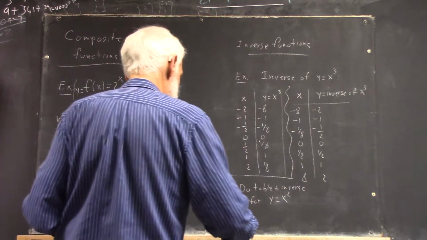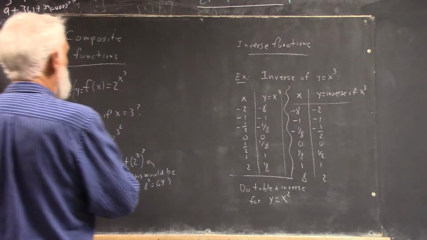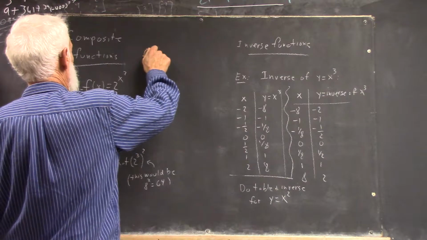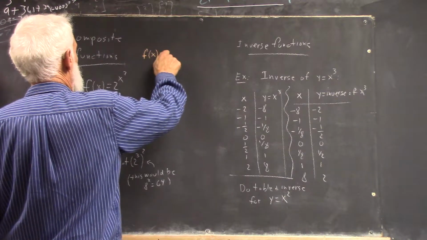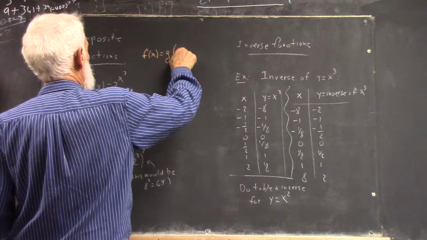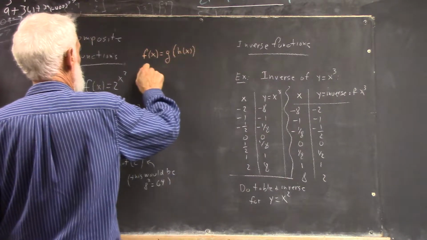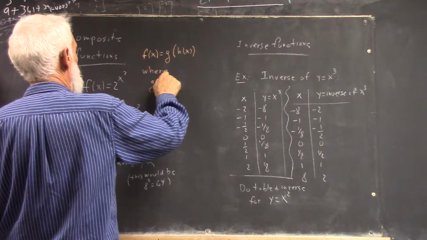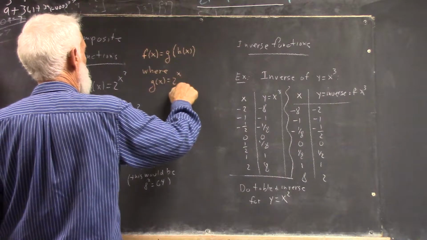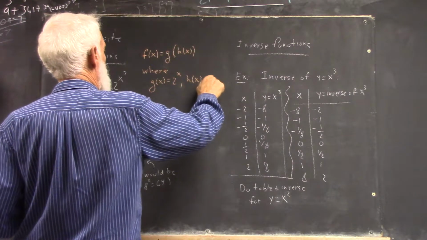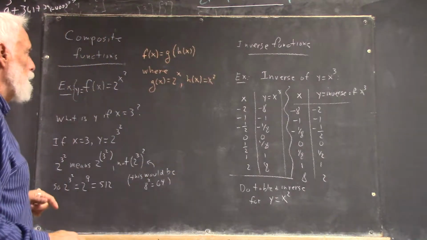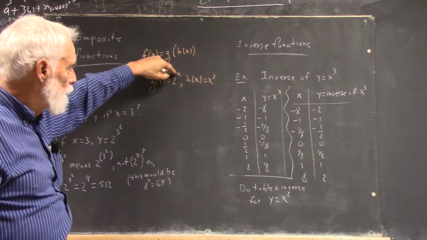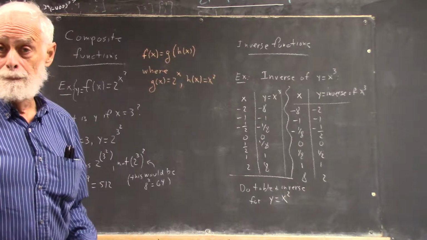So I'm going to introduce a little notation and ask you to figure this out. We're going to say f of x is g of h of x, where g of x is 2 to the x, and h of x is x squared.